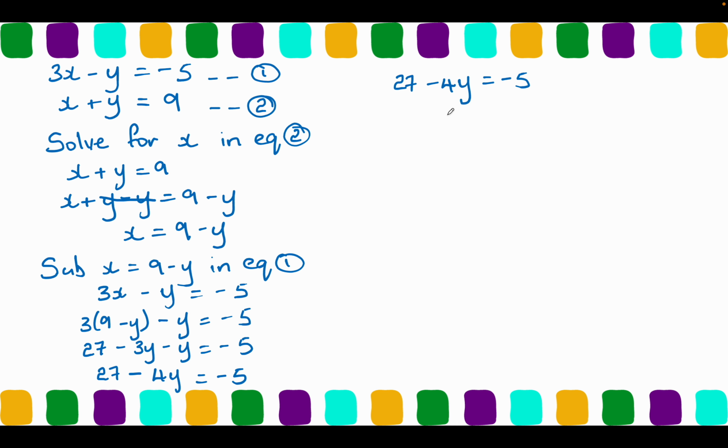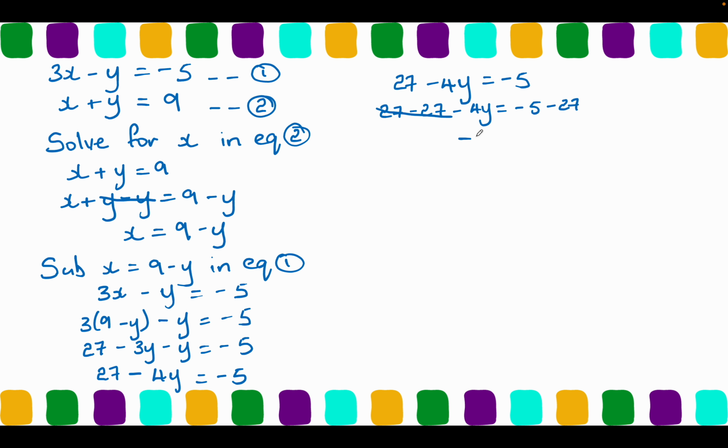Now we are working to get the value of y, so therefore we have to get rid of the 27 before we can divide by 4. The 27 here will be positive, so we're going to subtract 27 on both sides. Remember, whatever you do to one side, you must do to the other side. And 27 minus 27, that will give us 0.